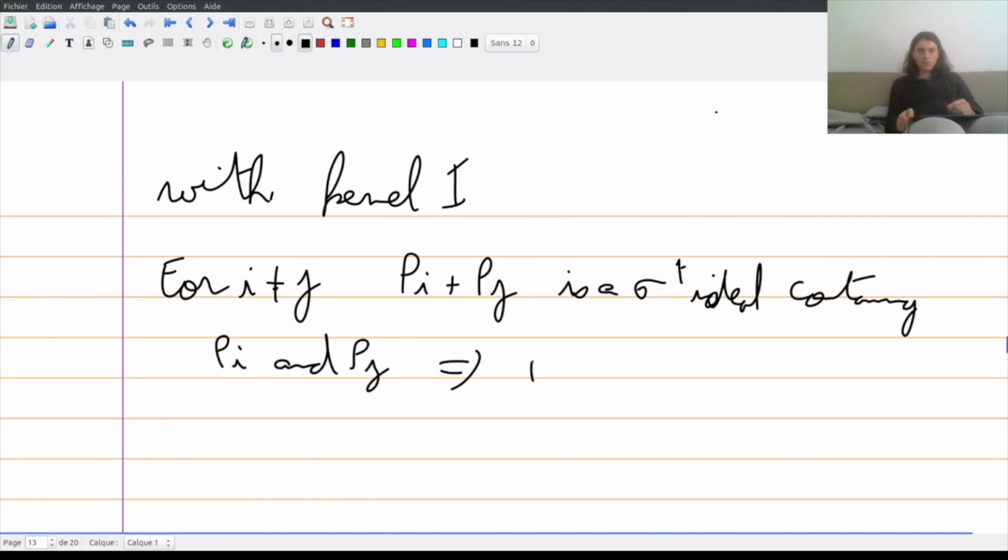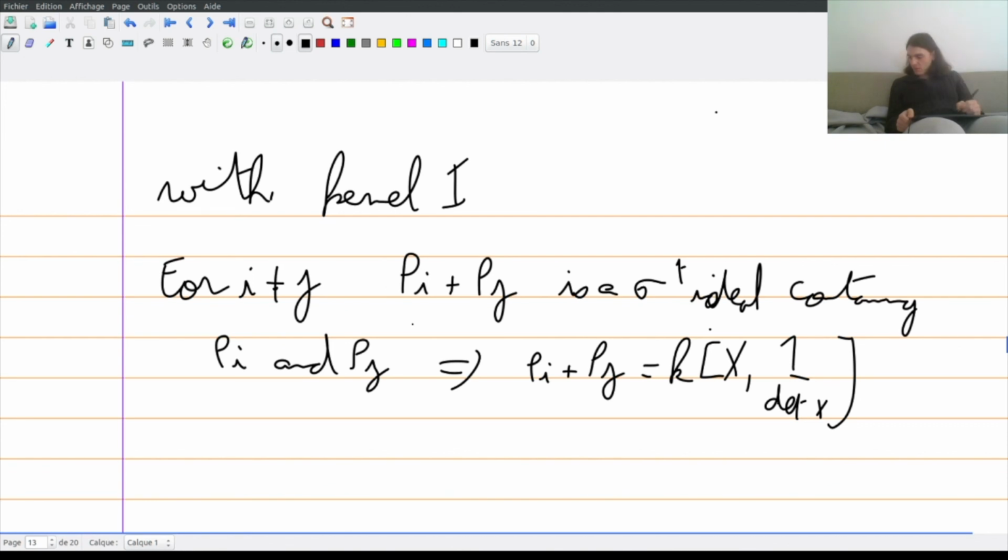So it means that Pi plus Pj equals the entire ring, since I is maximal sigma T again.